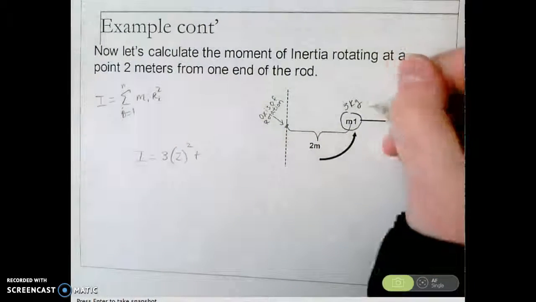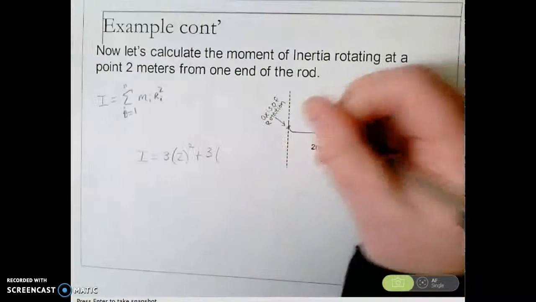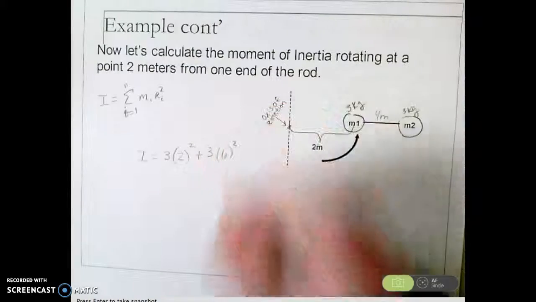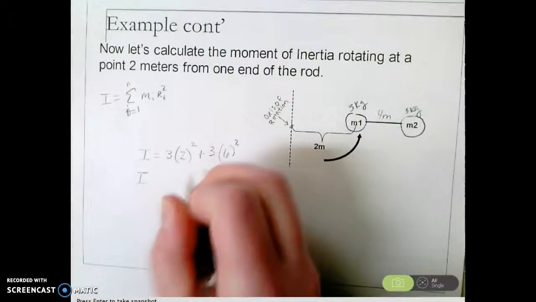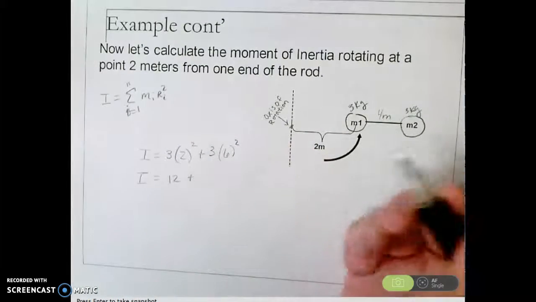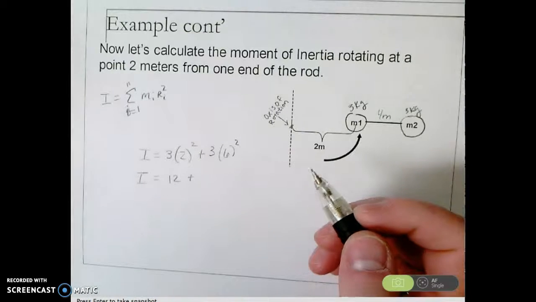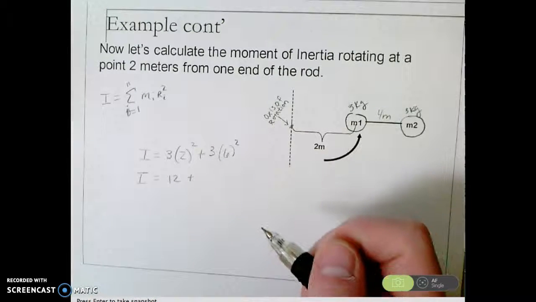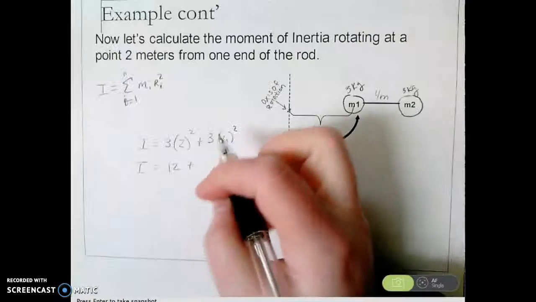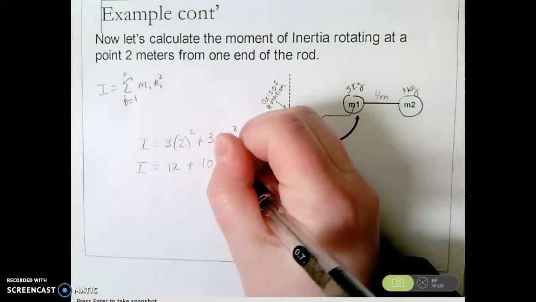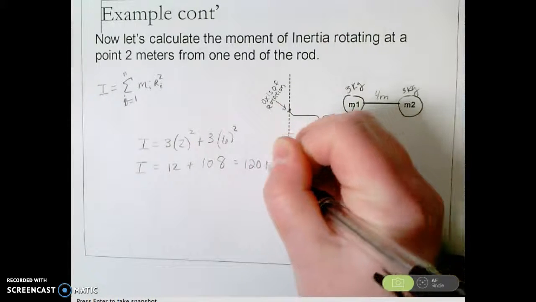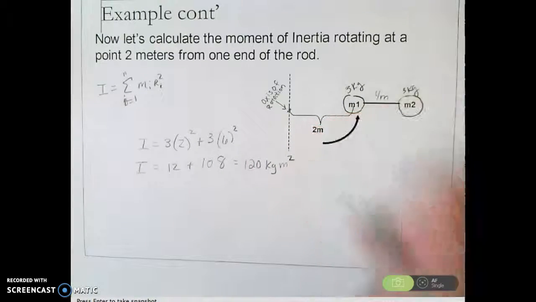Now the second mass, mass 2, will now have a distance of 2 meters plus 4 meters, so a total distance of 6 meters squared. So that means that we will now have 2 times 2 is 4, times 3 is 12, plus 6 times 6, which is 36, and then 36 times 3 which is 108, and that gives us a total of 120 kilogram meters squared.